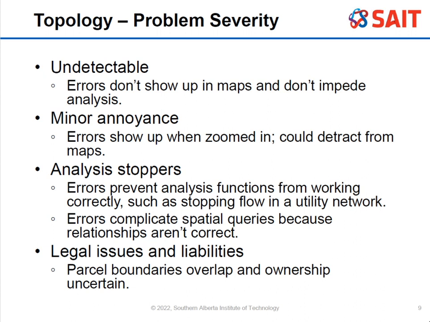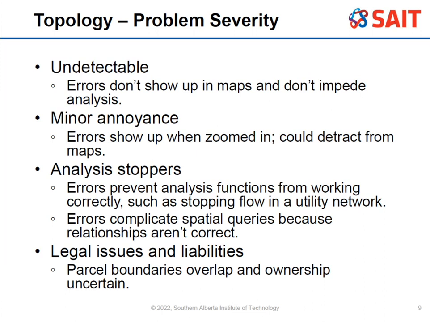The last one is the one that you really don't want to get into, and that is legal issues and liability. A really good example here is parcel boundaries and ownership. For example, if you have 2 side-by-side land properties and they overlap, who owns what part of the land? That becomes a big challenge and big legal battle because people will fight over that, especially where the fence lines are and everything.